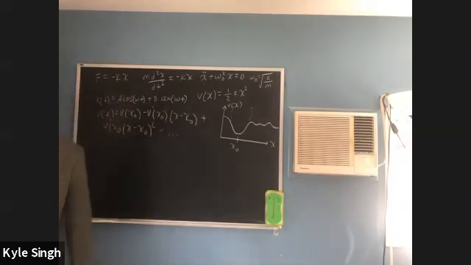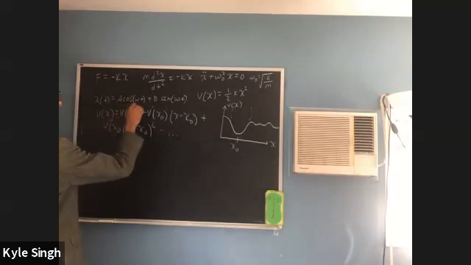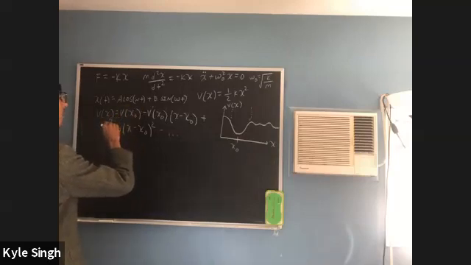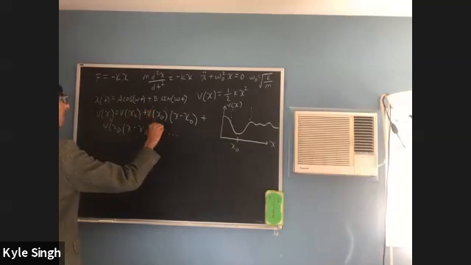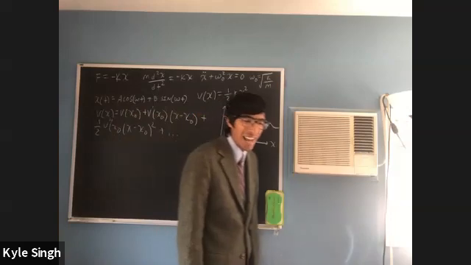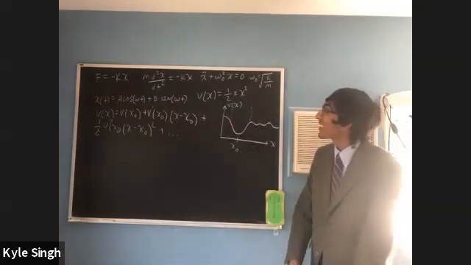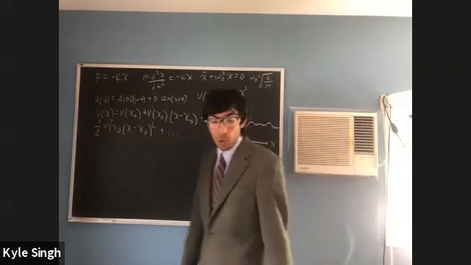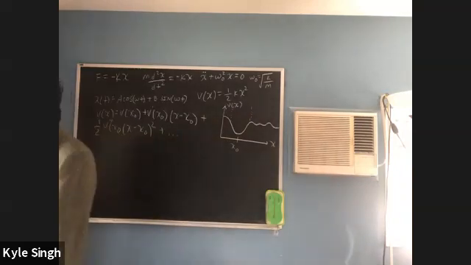Okay, that's just the Taylor series expansion. This should be a double prime, and actually, wait, let me think about the signs for a second. Yeah, these should all be pluses, and this should be a 1/2. If I missed that 1/2, this was a stupid exercise because it's like, where'd you get the potential? And of course, you have higher order corrections.